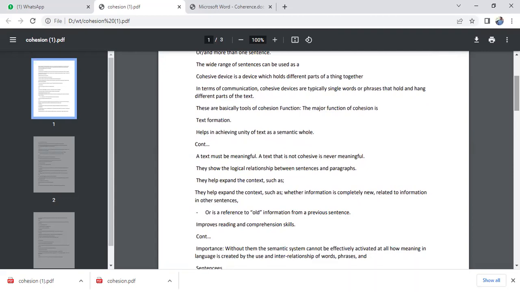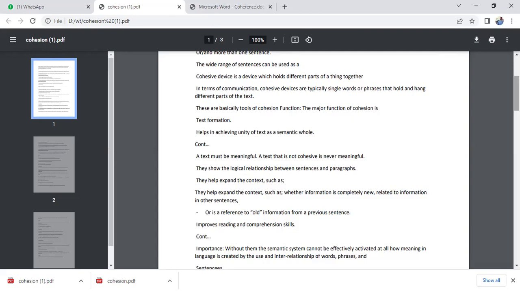So you use certain devices, you use certain words in order to signal the reader that this idea is opposite to the idea mentioned earlier, fine. So you use these words in order to signal the reader whether the writer is talking on the same pace, or is against the notion, fine.